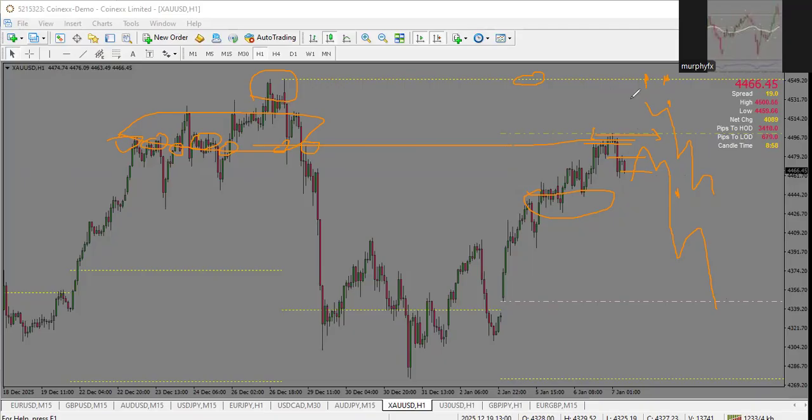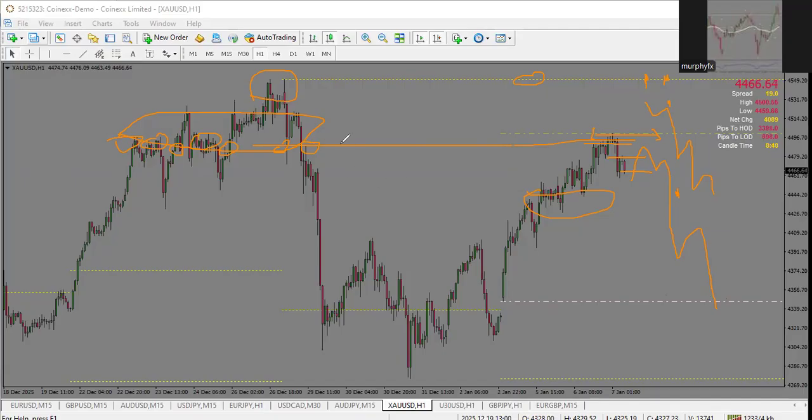A low risk lot size will give you confidence and calm to let the market do whatever it wants to do. So it's going to close all this accumulation here down to this area.